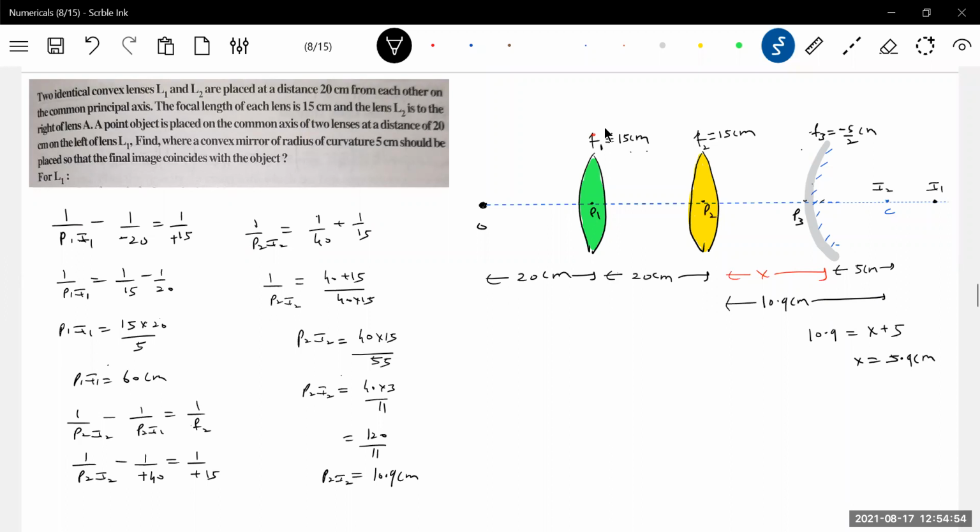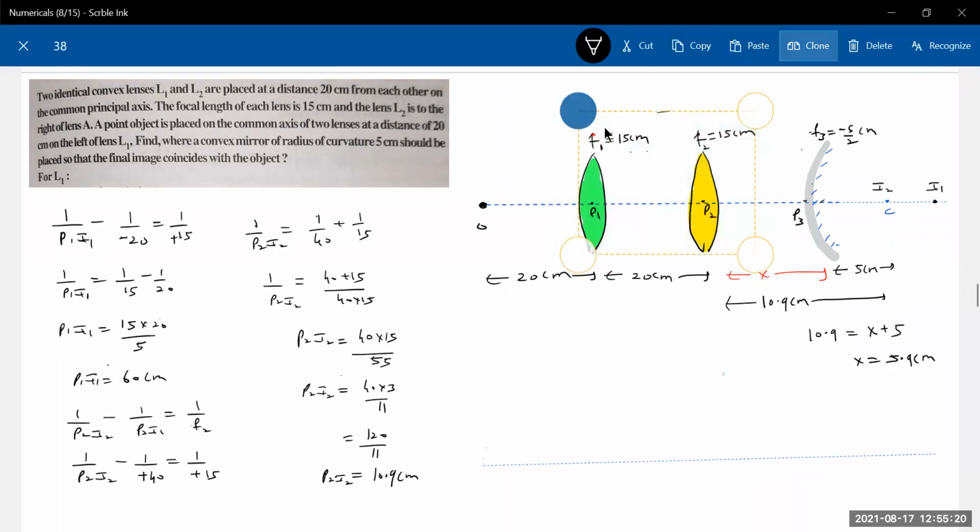Now, is it possible that image I2 is formed at pole P3? We have to ask ourselves this question. Sir, why can't this be possible? I'll bring these two lenses.